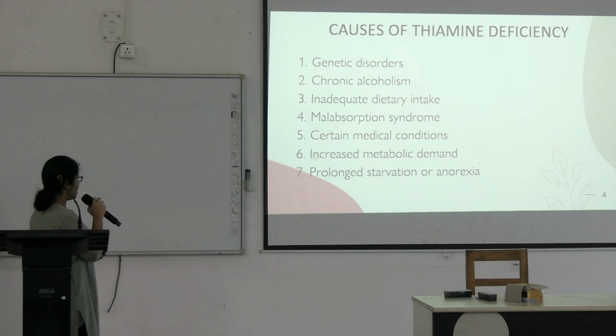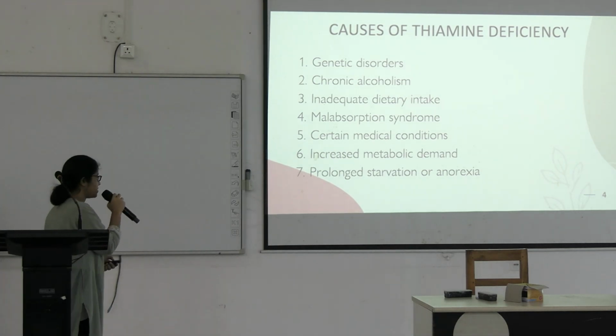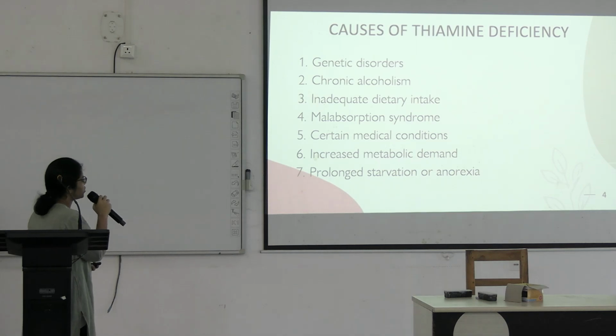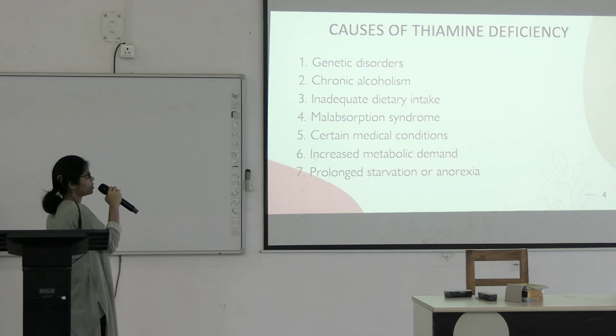Let's see the causes of thiamine deficiency. First of all, genetic disorders, which impair the transport and metabolism of thiamine. Secondly, chronic alcoholism, which affects the absorption of thiamine and increases its excretion.